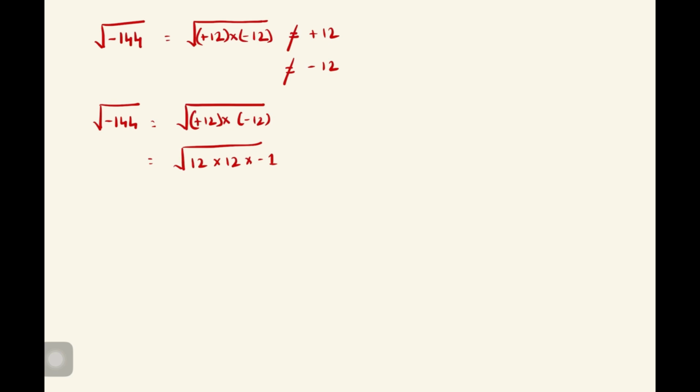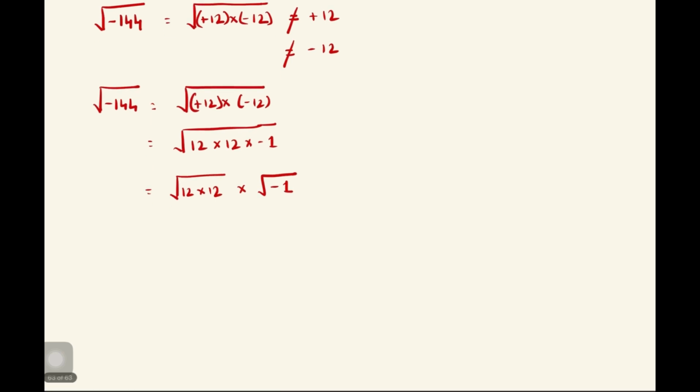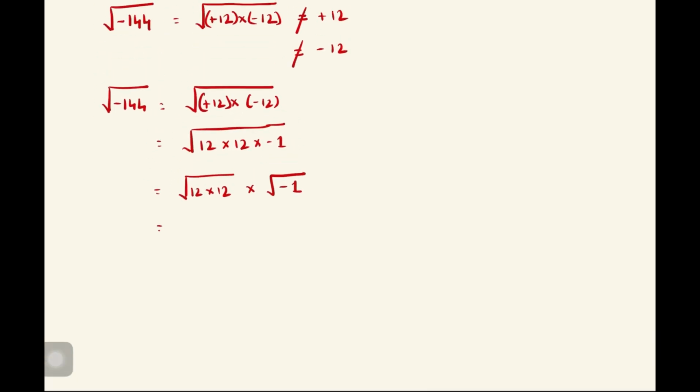I just wrote minus 12 as minus 1 into plus 12. Now I can split the square root as 12 into 12 multiplied by square root of minus 1. Now this is something we already know. 12 into 12, it's the same number. So we will have just 12 here multiplied by square root of minus 1.